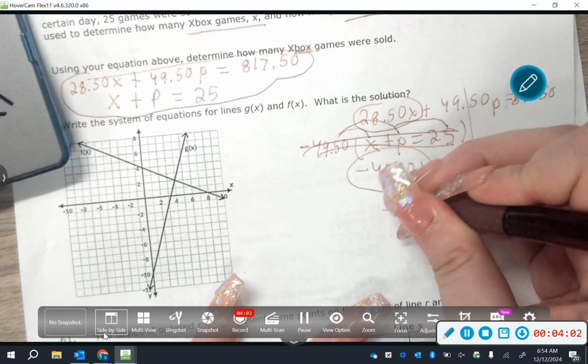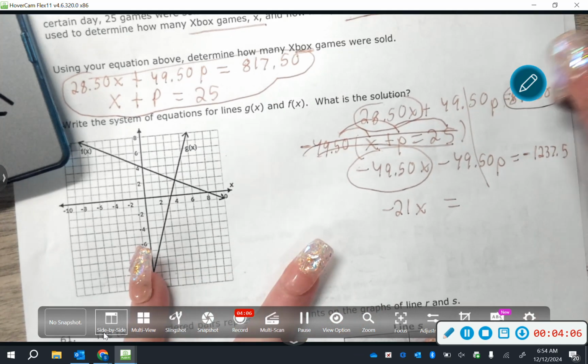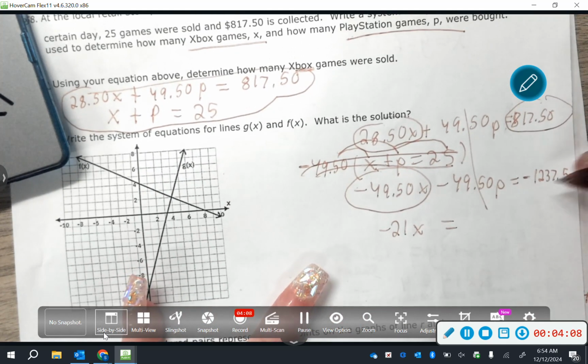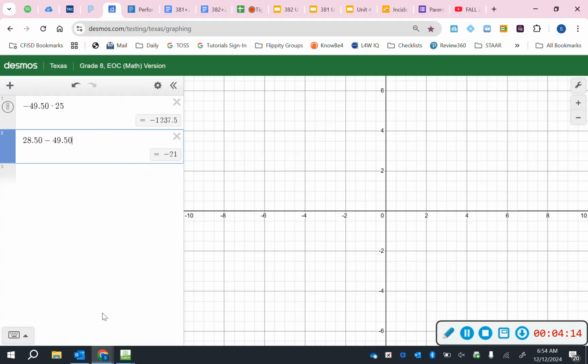So I have negative 21 X equals, now I'm going to combine these two, 817.50 minus 1,237.5 and see what I get. So 817.50 minus 1,237.5, and I get negative 420.